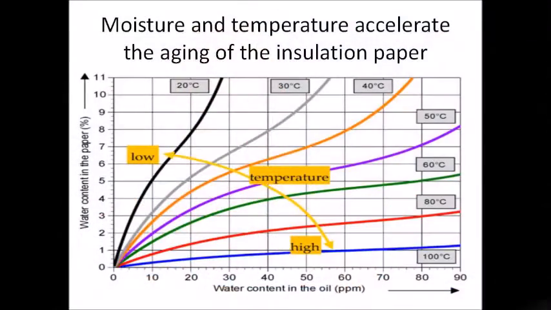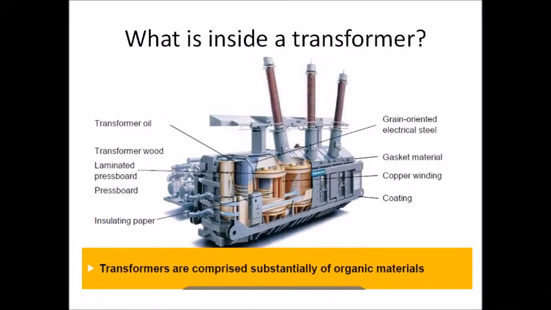Now, actually, behind this, there is a reservoir of moisture inside the tank. You know the transformer is constructed with pressed wood columns and board, holding the whole winding stack.